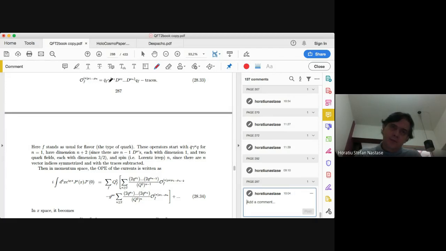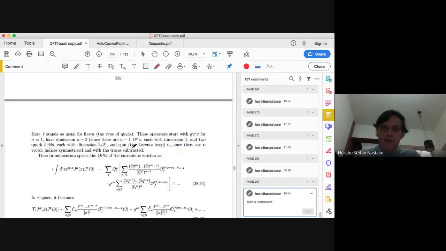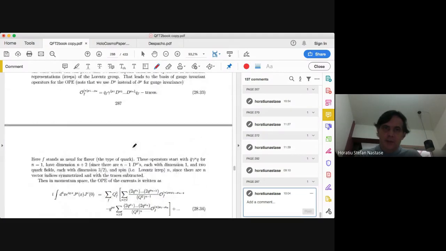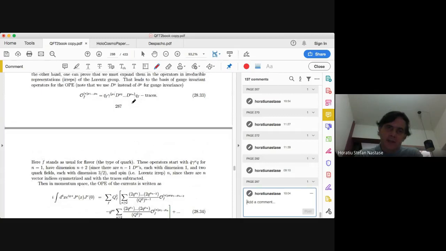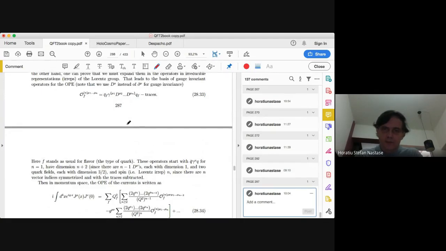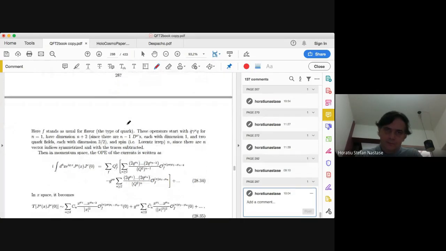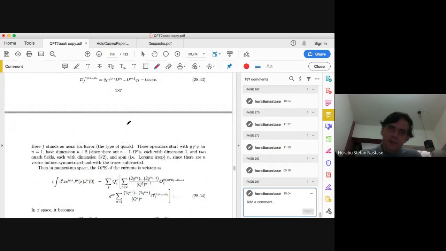So with the product Q bar to the left and Q to the right, I make a gauge invariant object. Each derivative has dimension 1, so the total dimension of this object is 3 plus n minus 1, that is n plus 2.